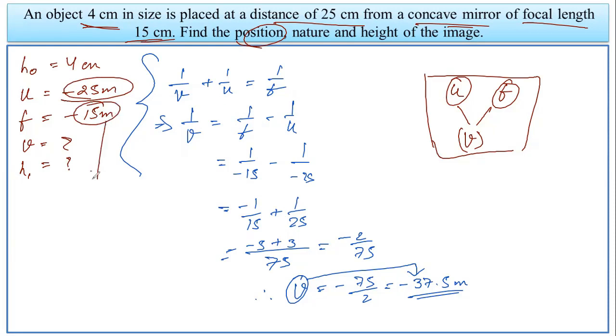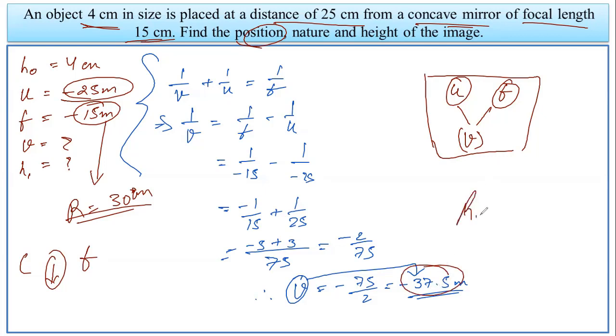When the focus is 15 centimeter, the radius of curvature would be 30 centimeter, and u is 25 centimeter. It means the object has been placed somewhere between F and C. When the object is placed between F and C, its image forms beyond C, as we know from the characteristics. Thus, it is beyond C, and it will be real, inverted, and large in size.